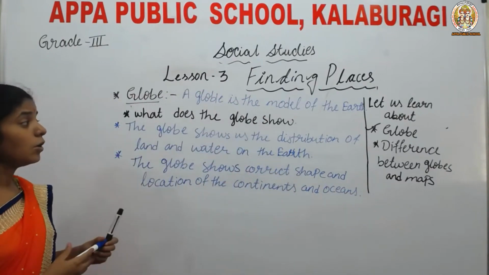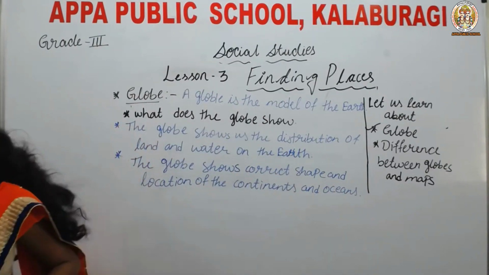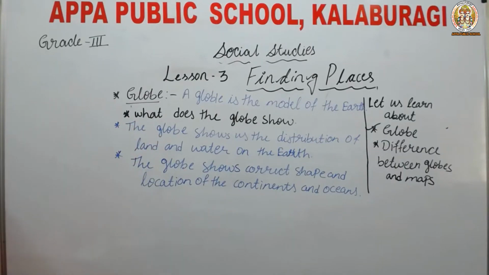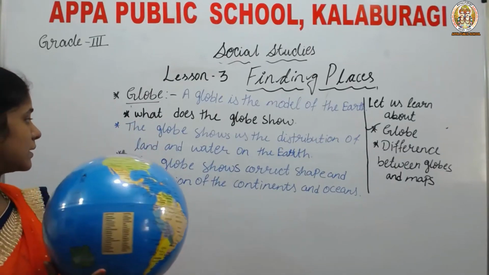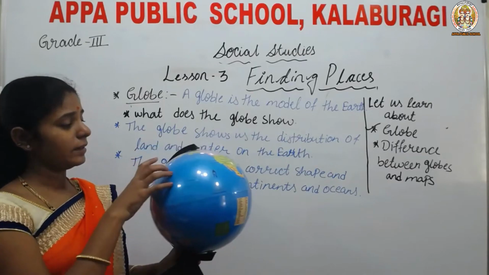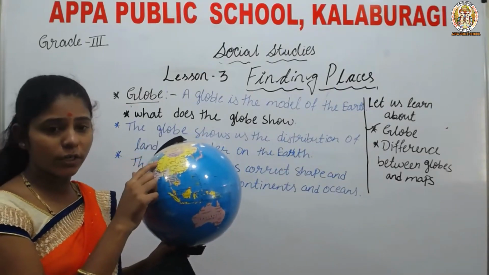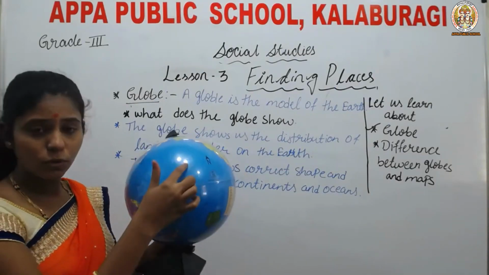See, what does the globe show us? The globe shows us the land, meaning continents, and water, meaning oceans.